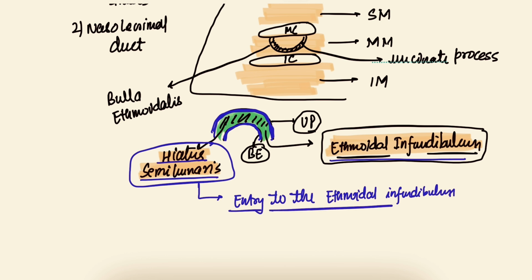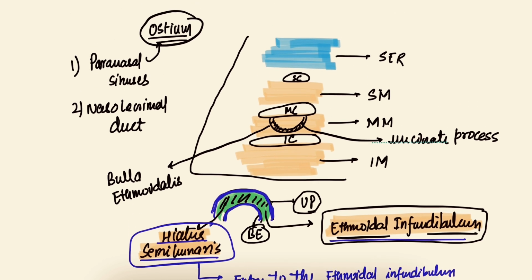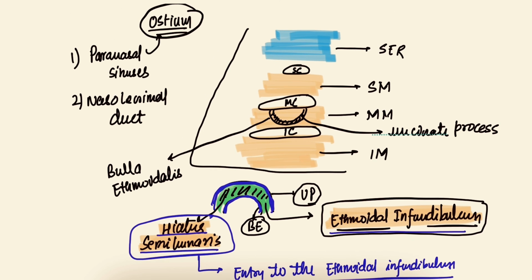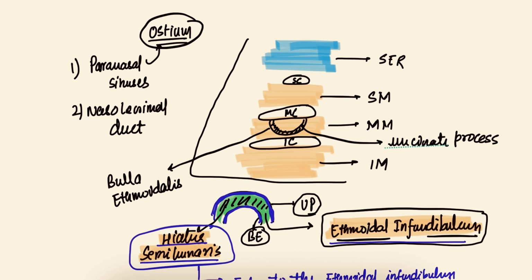So now I hope the concept is clear: there is bulla ethmoidalis, uncinate process, ethmoidal infundibulum, and hiatus semilunaris. Now we will see what the openings into the lateral wall are.